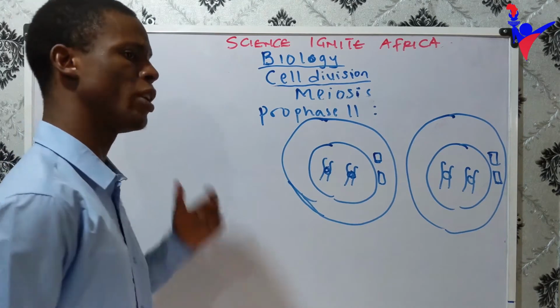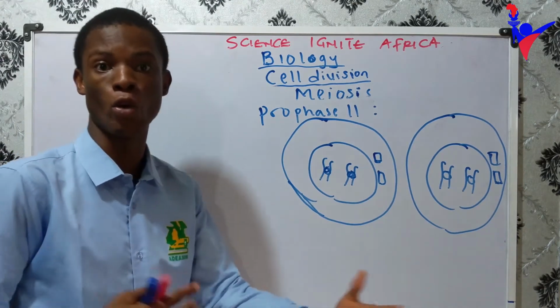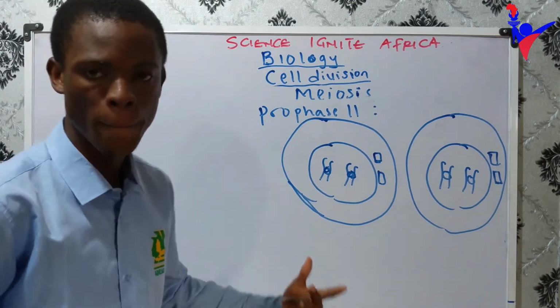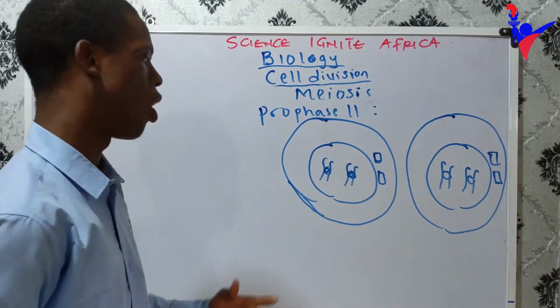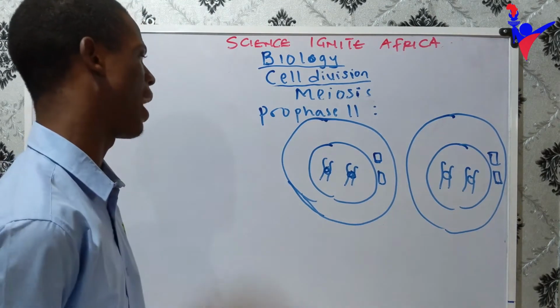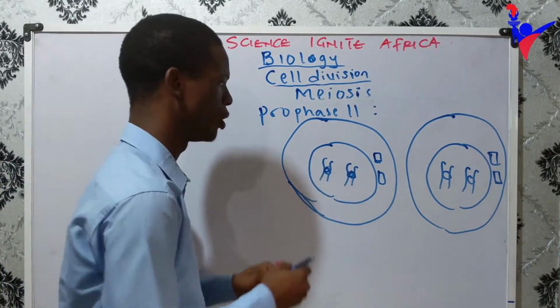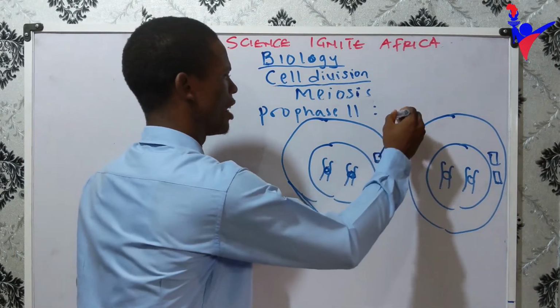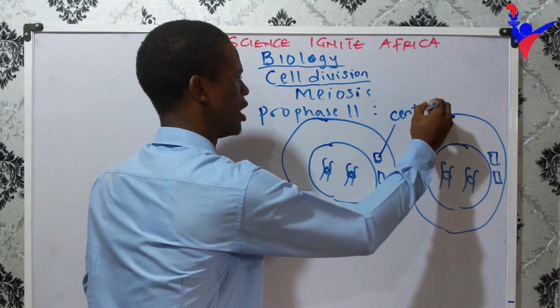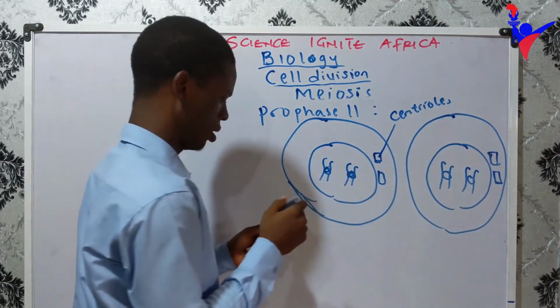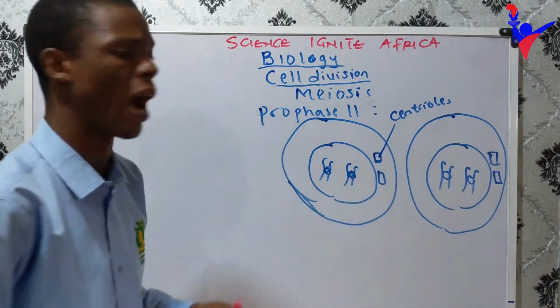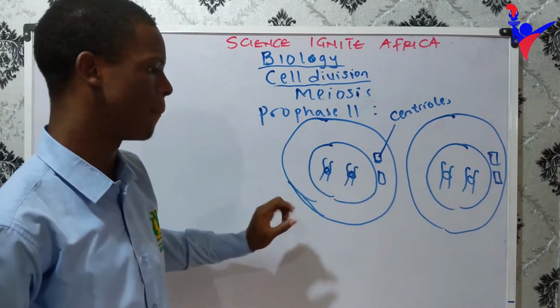You've known what the spindle fiber looks like. They're just like rope that allows the chromosomes or the chromatids to move apart. So these are centrioles. This cube-like structure is called centrioles. They are the ones that develop the spindle fibers. So this is the nuclear membrane.